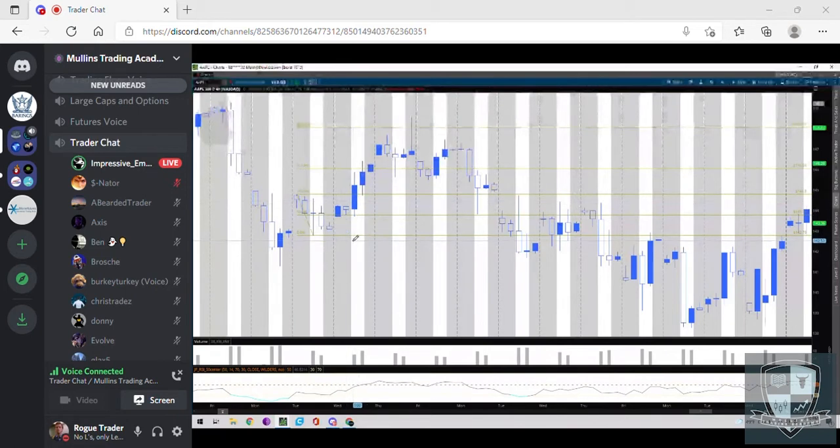So now you know where to put the stop. You know where to enter. You know where to exit, or you know where to scale and continue scaling until you get totally out. That's how this system works. That's why it works so well, because it's not just using Fibs to find levels, but because you're using Fibs to find levels, set your stops, set your targets, and get a really good understanding of the overall trend.